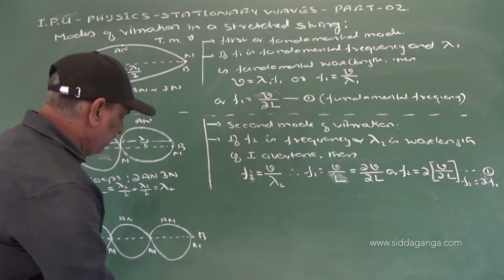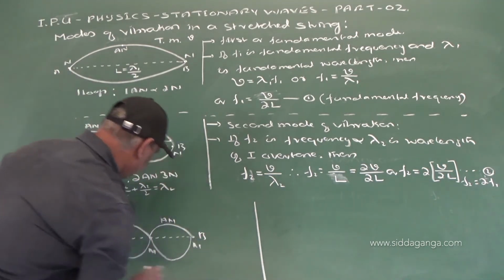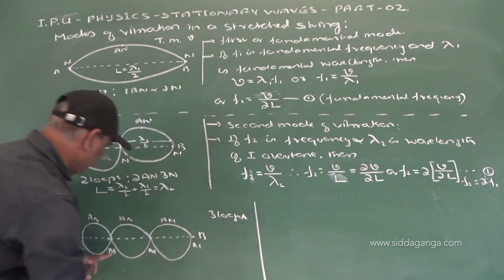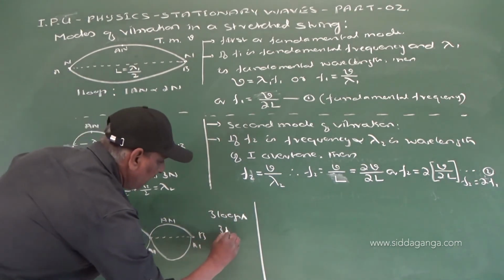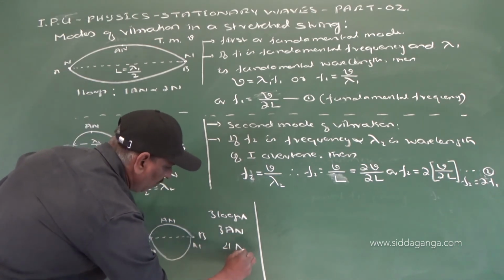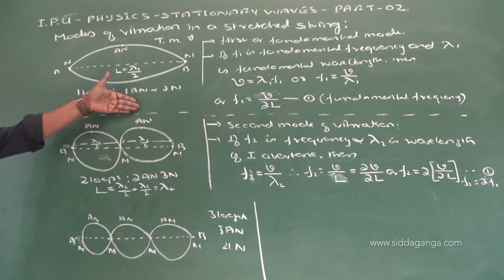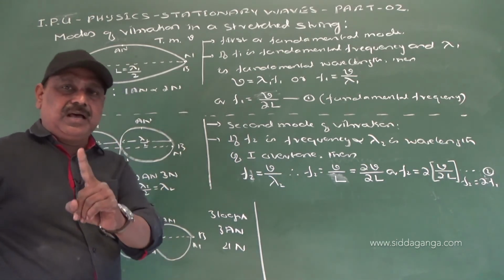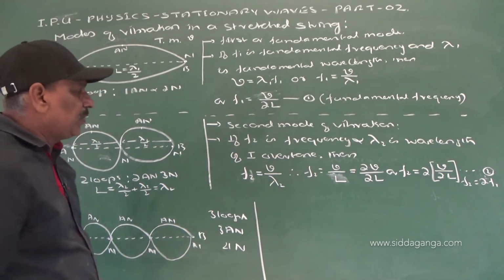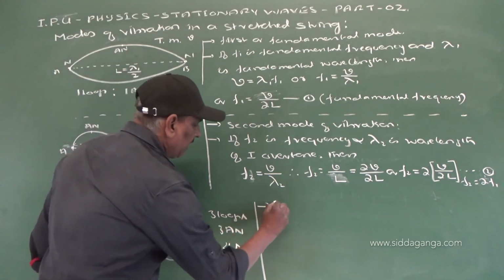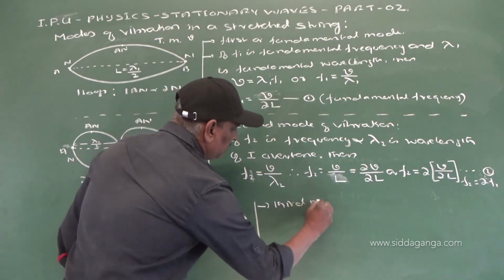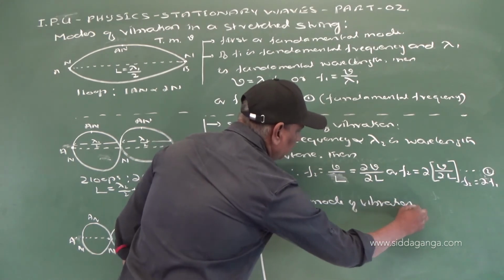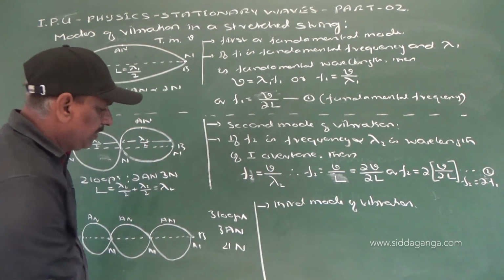So here we have 3 loops, 3 antinodes and 4 nodes, right? So from one mode of vibration to the next, there is an increase of one node and one antinode, right? So this is called the third mode of vibration.